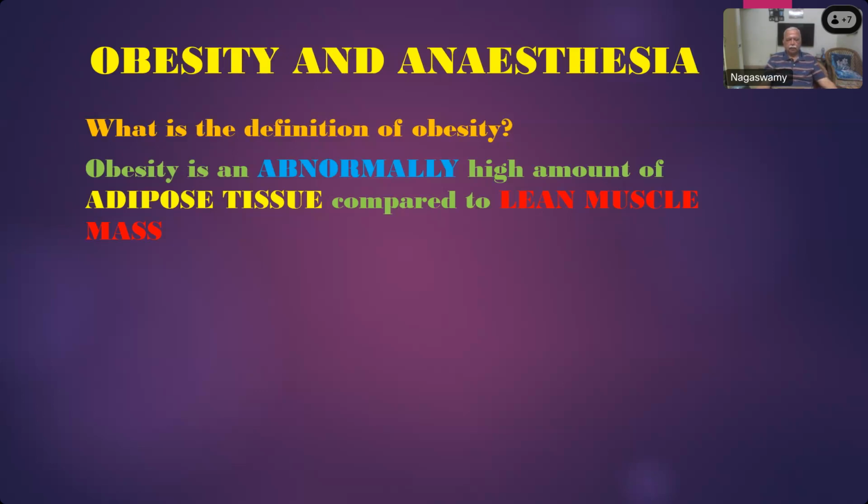Even though the patient may appear too big, their movement and their power is very, very limited. So that is the reason why obesity is defined as an abnormally high amount of adipose tissue in comparison to lean muscle mass. Okay, so you should not simply say that any person who has a little bit of extra fat is obese.